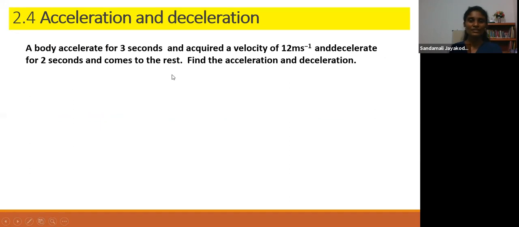Before going to the question, can you tell me what we should do here? A body accelerates for 3 seconds and acquires a velocity of 12 meters per second and decelerates for 2 seconds and comes to rest. Find the acceleration and deceleration. How should we do that?